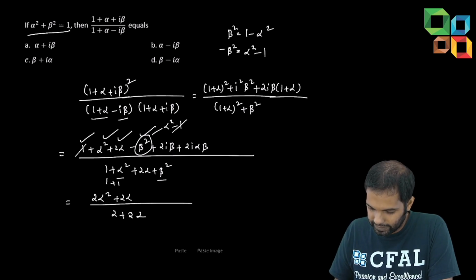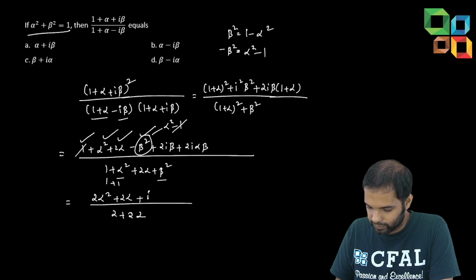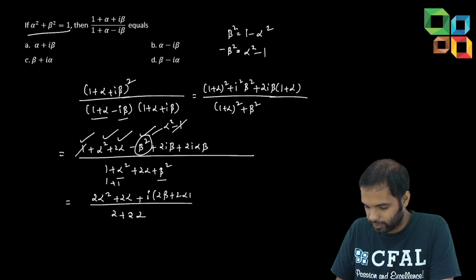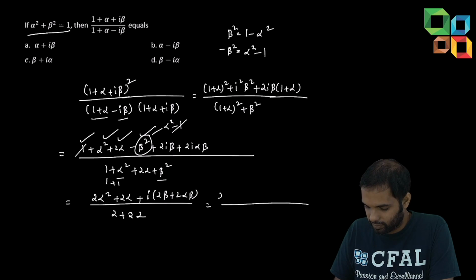Okay. The rest is the imaginary part. i into (2β plus 2αβ). Can you see some things are common? Everywhere 2 is common, so I'll remove 2. This is (1 plus α) remaining. Numerator: α square plus α plus i times (β plus αβ).